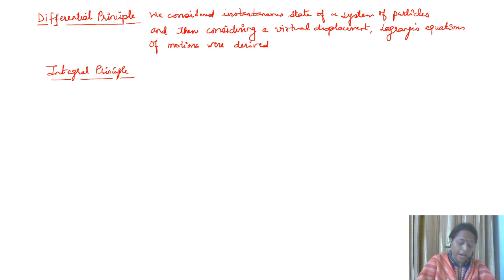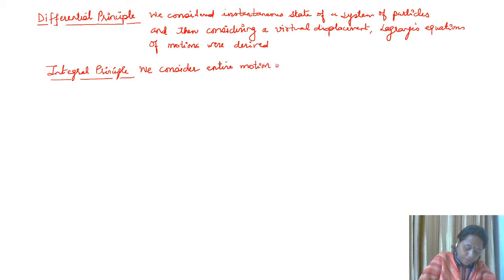In the integral principle we consider the entire motion of the system of particles between a time interval from time t1 to t2.